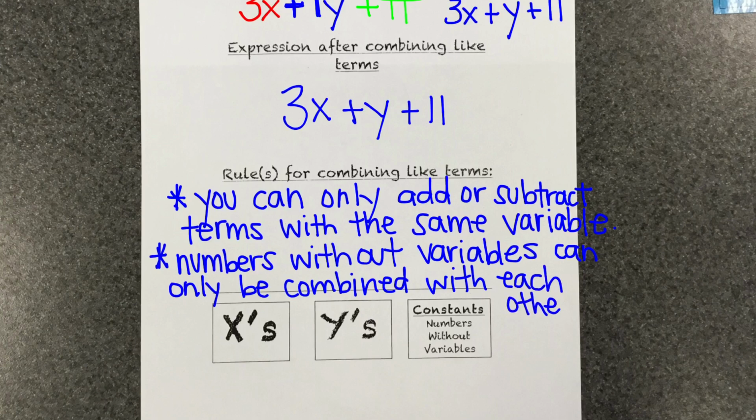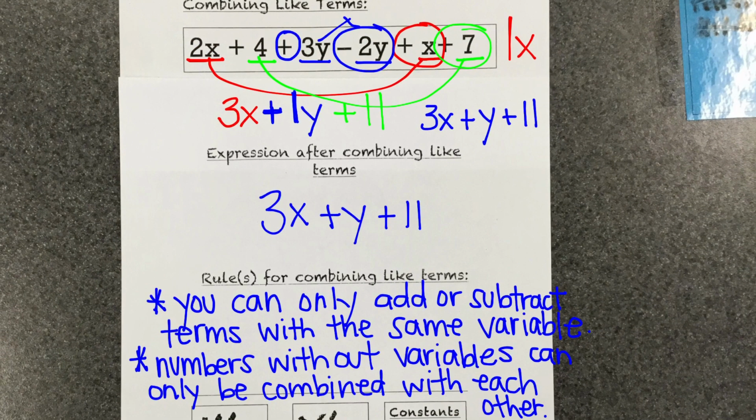You will be tempted to take a 2x and like 2x plus 4 and say that's 6x. Okay, I can't combine a constant or a number without a variable with a number with a variable. I can't do it. They're two different things. It's like apples and oranges. I can't combine those.